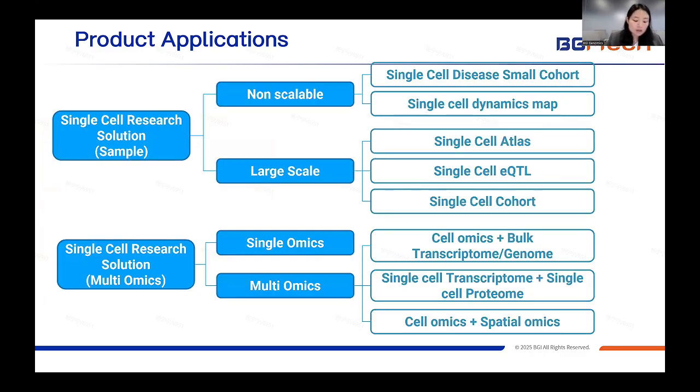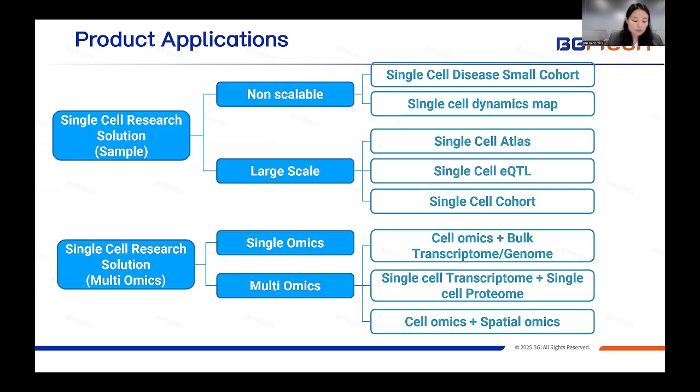Based on the project size and whether using multi-omics, single-cell research can also be divided as in this slide. As research develops, single-cell research has gradually entered the scale-up stage. In addition to atlas research, single-cell eQTL and single-cell large cohort research are increasing day by day.